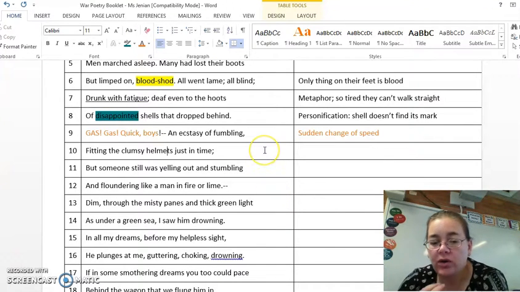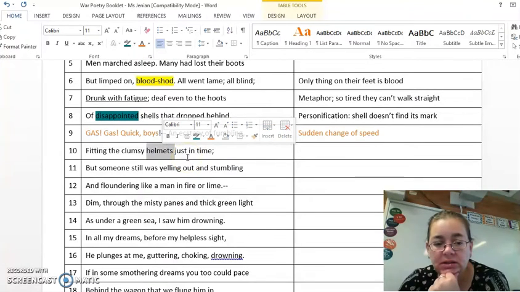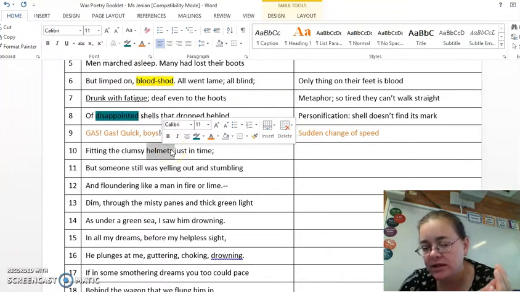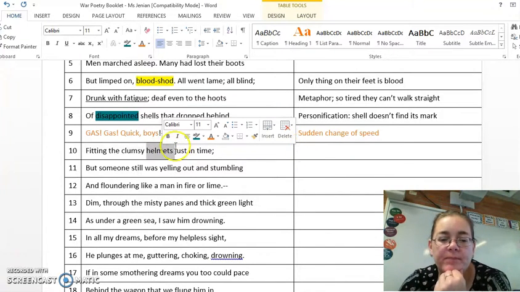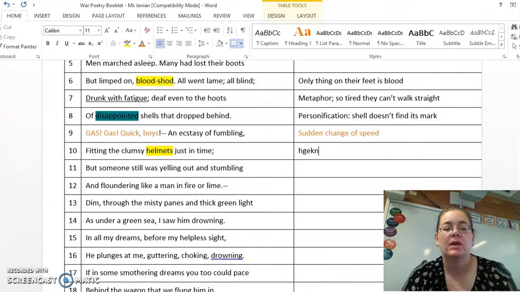And then he describes that fitting of the gas mask. So they called it helmet. It was a helmet at this time, but it eventually became known as a gas mask, and that's what we would refer to it as. So helmet. Let's give that a little highlight.